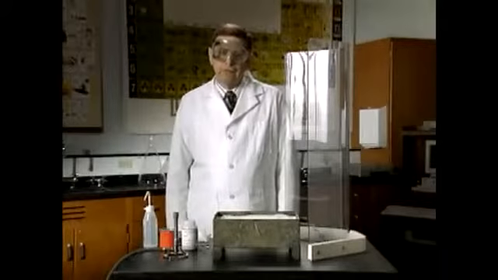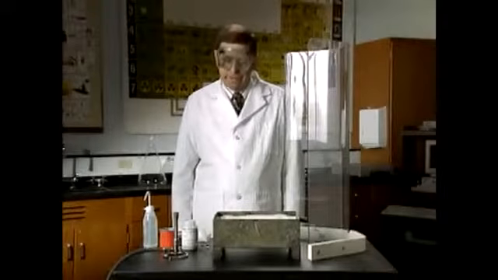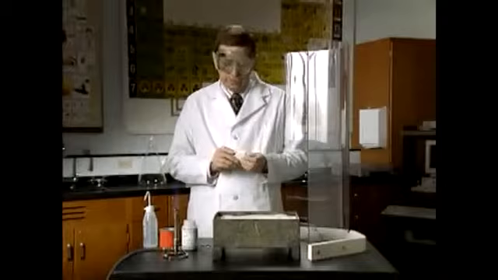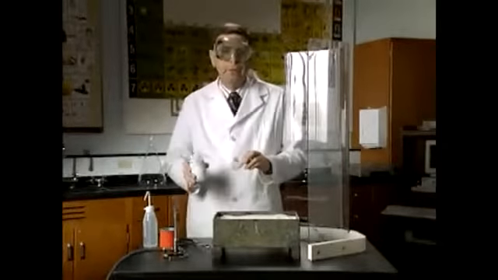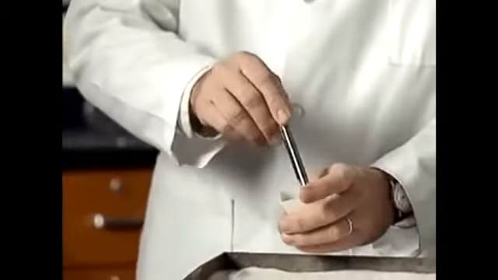Many chemical reactions are exothermic, but none quite like the thermite reaction. Here we have a piece of filter paper which we're going to fold into a cone. We're going to place a mixture of aluminum and iron oxide into the cone. We're also going to add some thermite starting mixture.